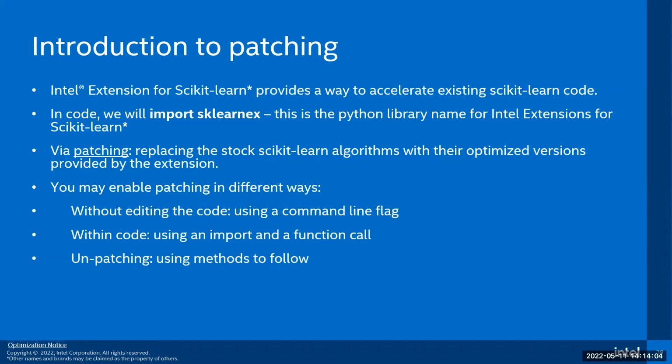What you'll do is patch the algorithm that you want to implement, and then run the same code. You fit the model, train the model, and predict, very similar to what you normally do. If you want to unpatch, you can also unpatch. There are different ways to patch the algorithm.